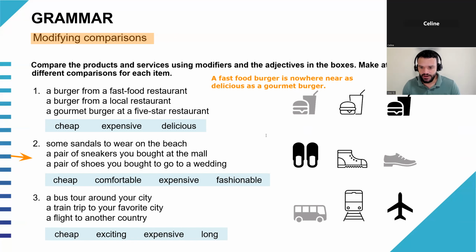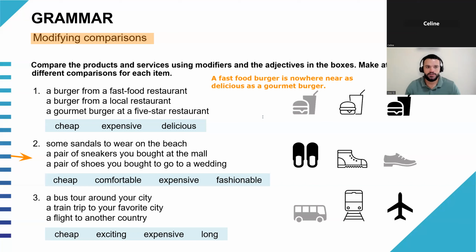So sandals are much more comfortable than high heels. That I imagine is very, very true. Very good. Comfortable. All right, so let's repeat. Let's repeat, Celine. Sandals are much more comfortable than high heels. Sandals are much more comfortable than high heels.